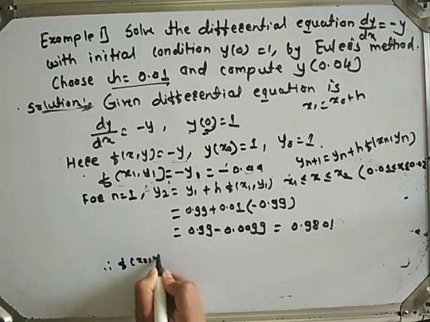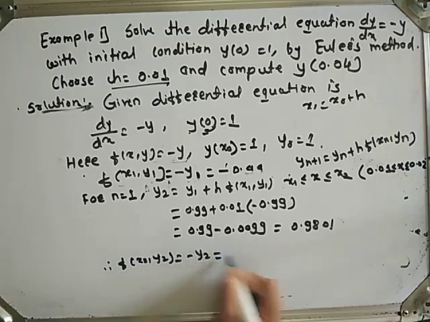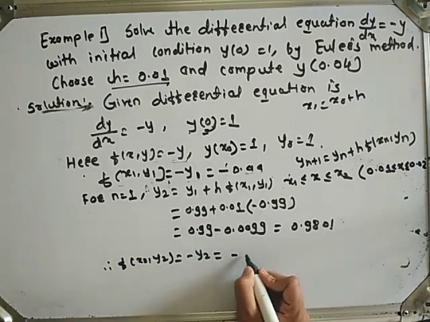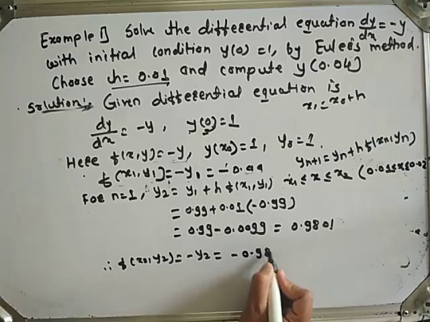Therefore f of x2 comma y2 is equal to minus y2. What is y2? y2 is 0.9801.